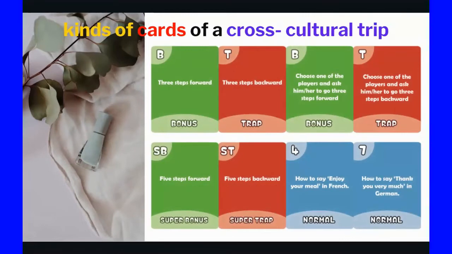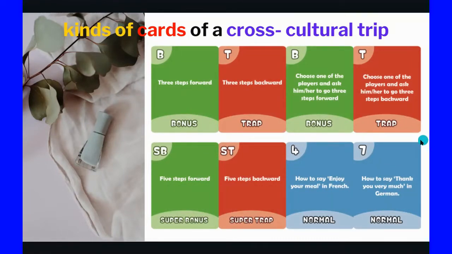Beside the board of the game, I also give kinds of cards. There are the bonus card and the trap card. The trap card is a kind of punishment. And also super bonus and super trap, that is just the name. There are several kinds of cards. For instance, the bonus one has 3 steps forward. So you can move the pawn 3 steps, 1, 2, 3. That is the bonus.